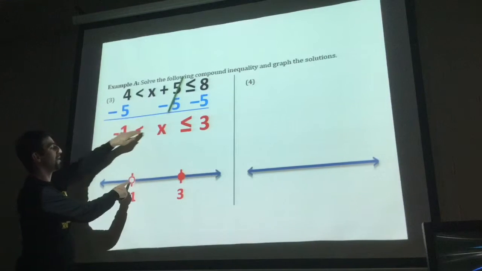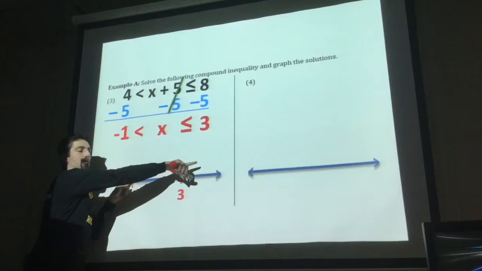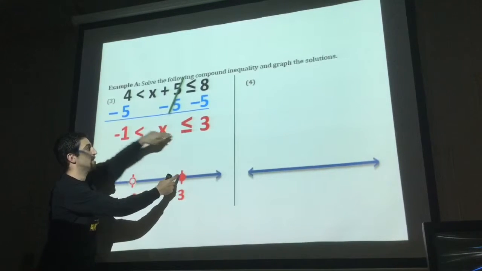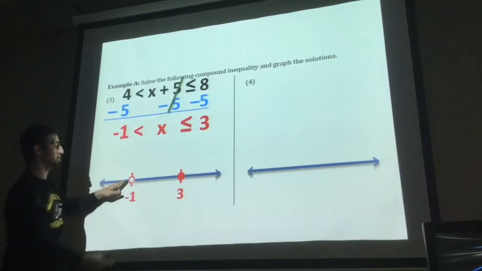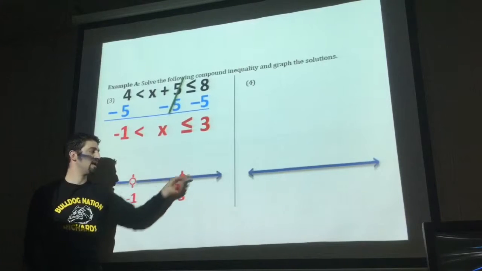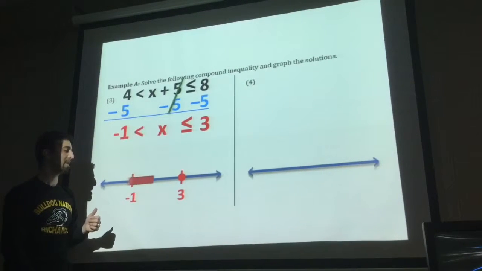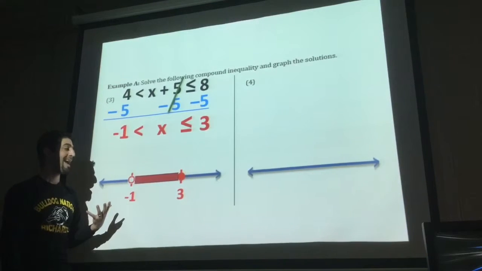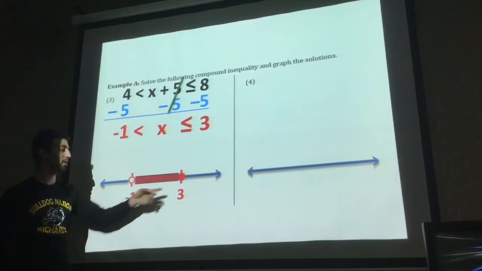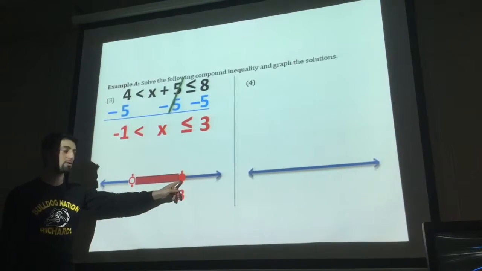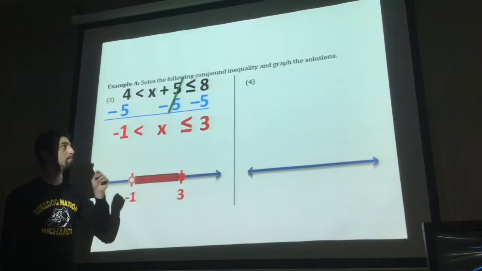So -1 is smaller than 100, and 100 is that way. Over here, -100, so we'll be going this way. You can imagine an arrow going that way and an arrow going that way. So the overlap would be in the middle, and we would also include this right here because it's a closed circle.